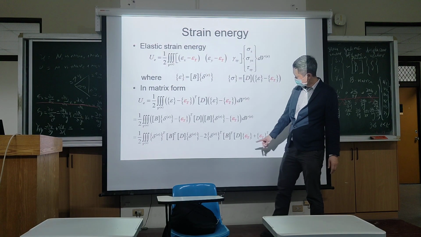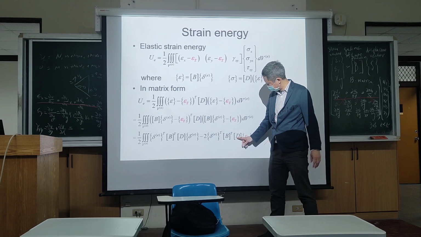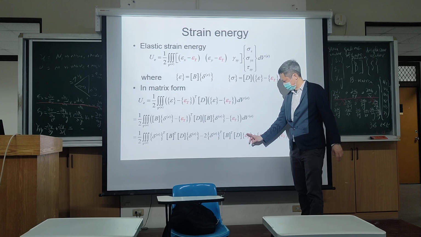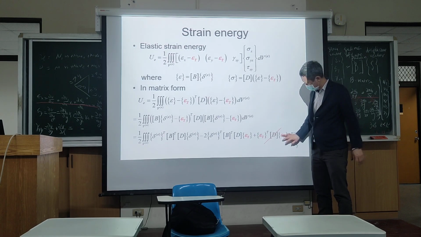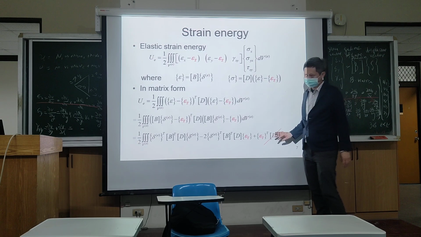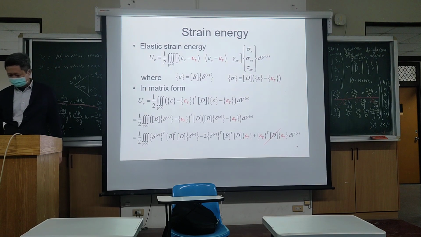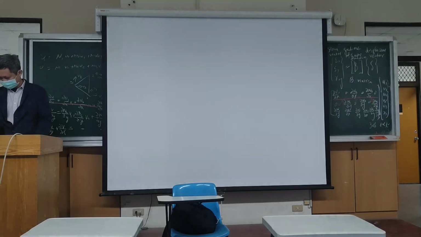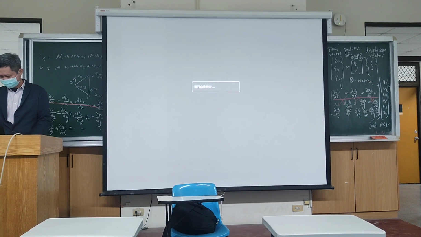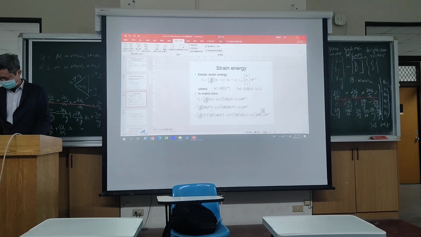Okay? The additional term is the displacement times B matrix times D matrix times the thermal strain vector. Okay? The last term is not zero, but it's independent of the displacement.